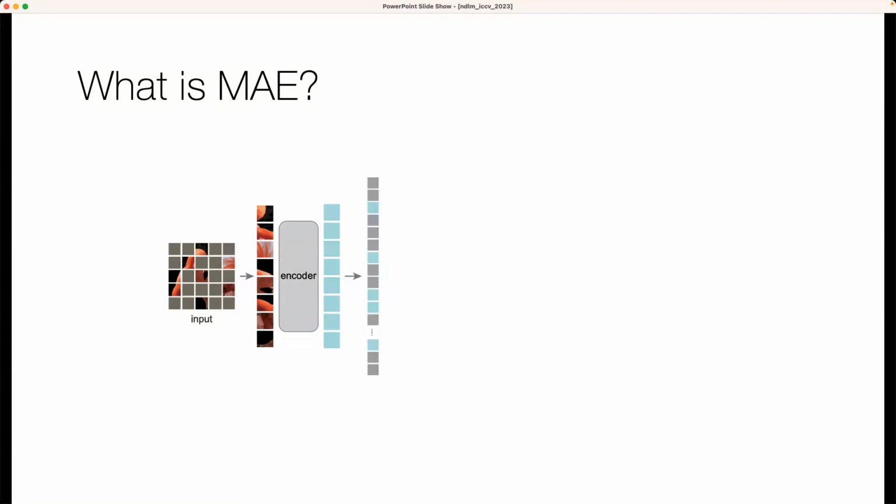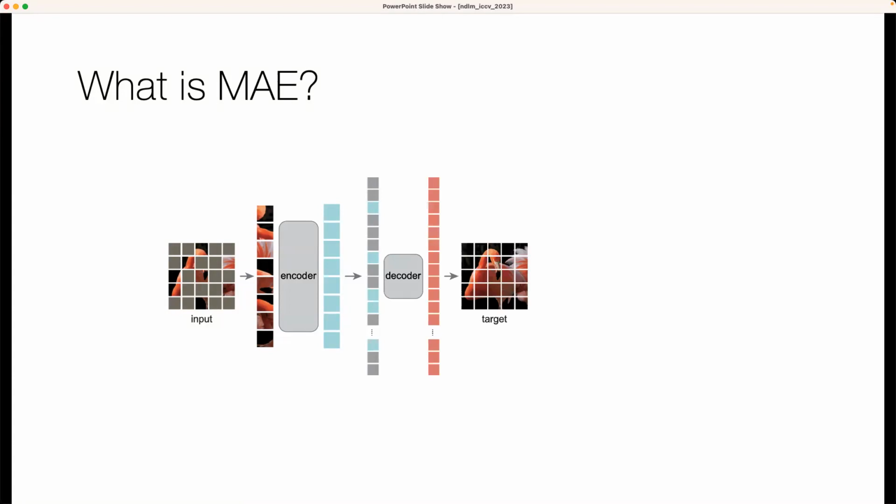And now it becomes a full sequence length again. And this full sequence is fed into a decoder, and this decoder is used to reconstruct the original image by predicting the missing patches. And this entire input and output is operating directly on pixels.